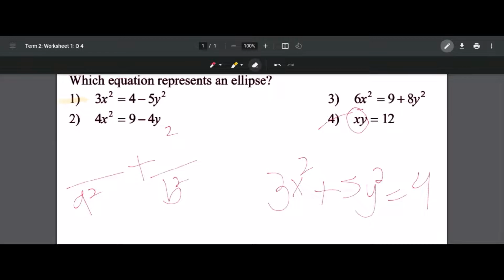So let's see if number 3 is right or wrong.